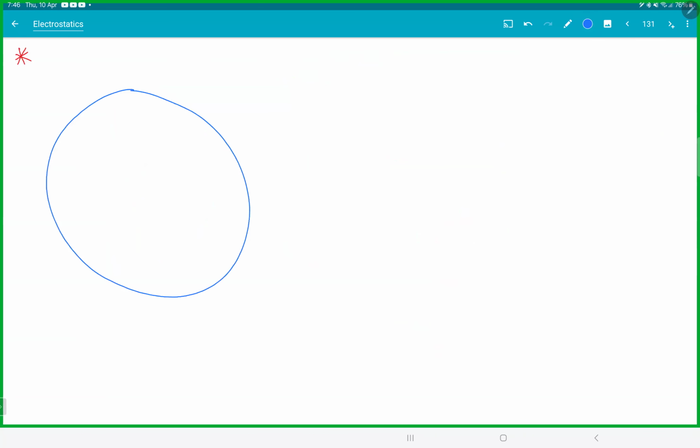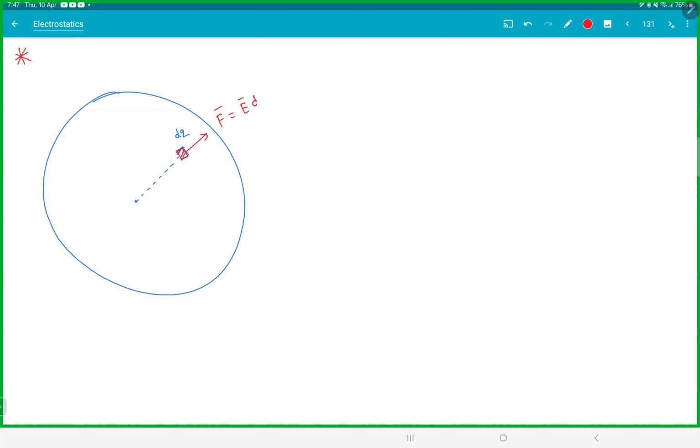See. So when you took this sphere, you want to find the force on that hemisphere, right? So from here, let's consider the small piece here, dq. So we took a small piece dq here. So the force on this guy will be, what is this thing? Field into dq charge.